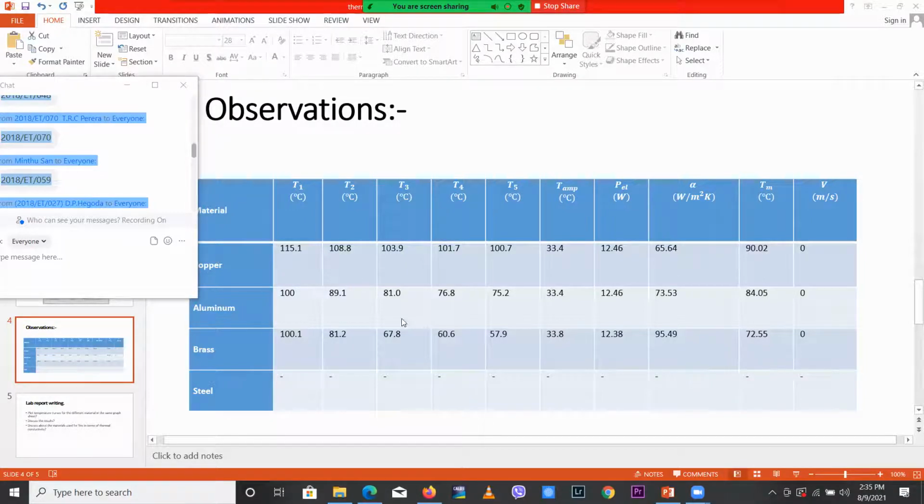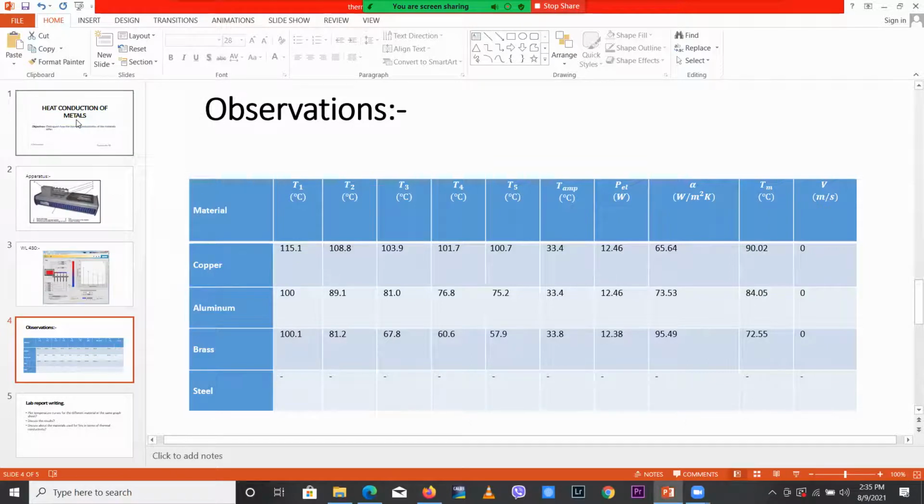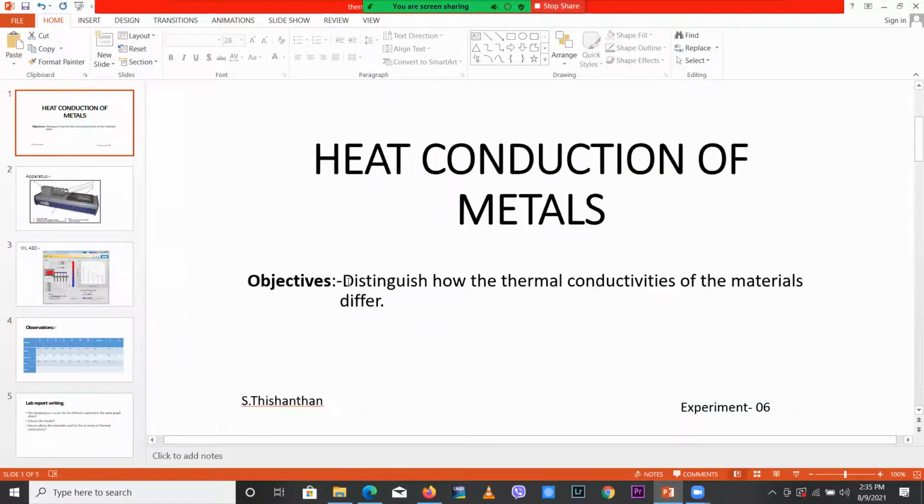So that is what we are going to study here, that we call thermal conductivity, right? So our practical objective is to distinguish, meaning understand and differentiate, how the thermal conductivities of materials differ.